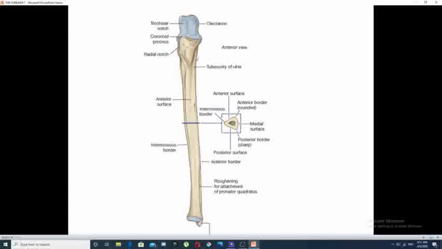Next to the coronoid tuberosity, there is the shaft of the ulna. Elongated part, bordered on transverse section. As you see, it has three borders: an anterior border, posterior border, and a lateral border.